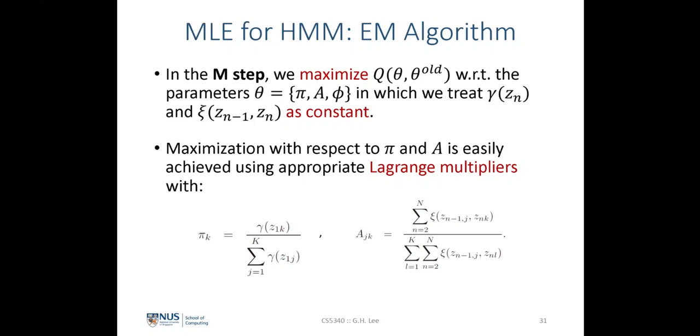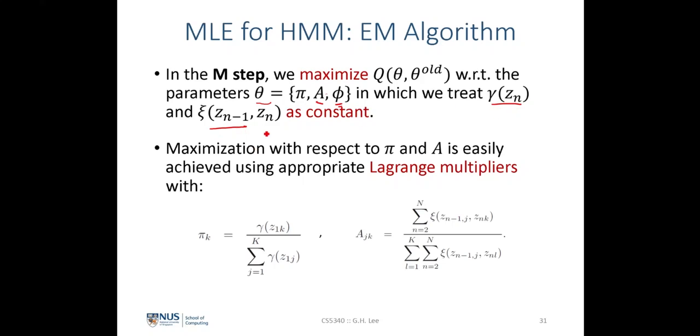So in the maximization step, otherwise known as the M step, we'll simply maximize the Q function with respect to all the parameters in theta, which consists of the categorical distribution pi of the prior term, the transition matrix A, as well as the emission probabilities, in which we treat gamma and psi as constant terms.